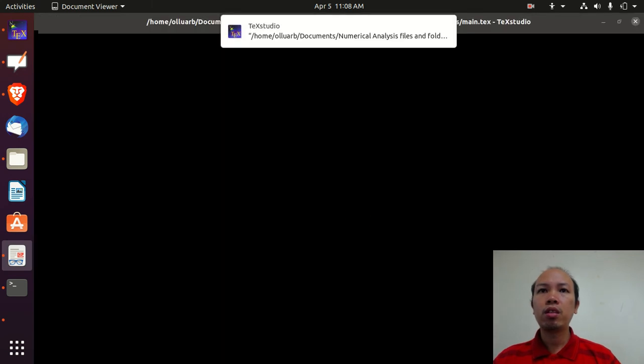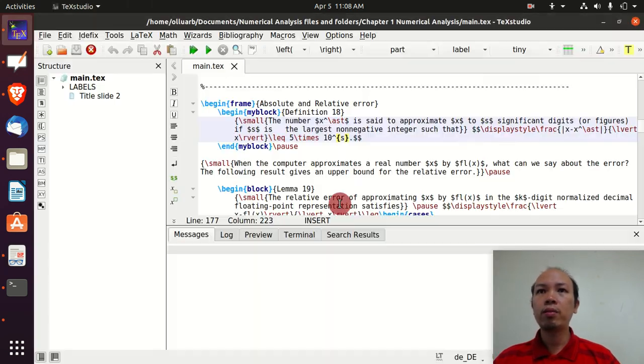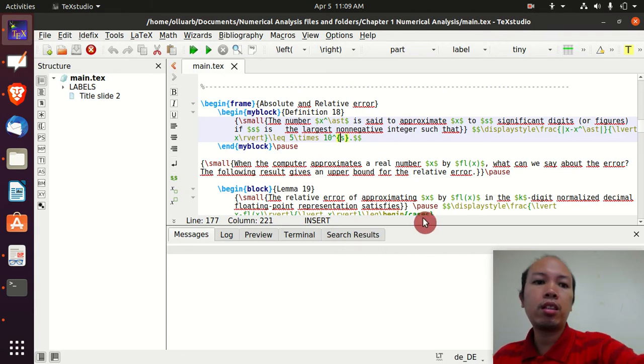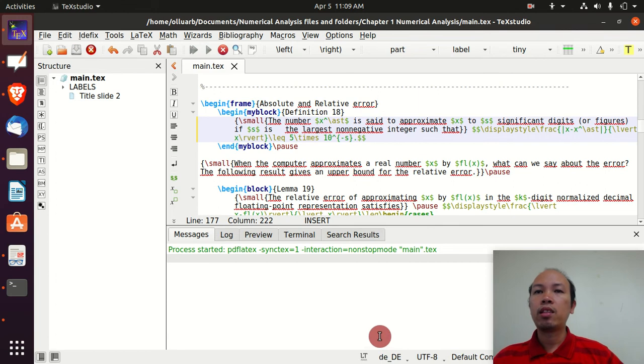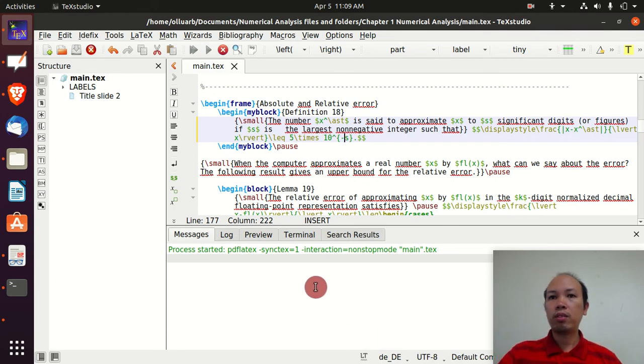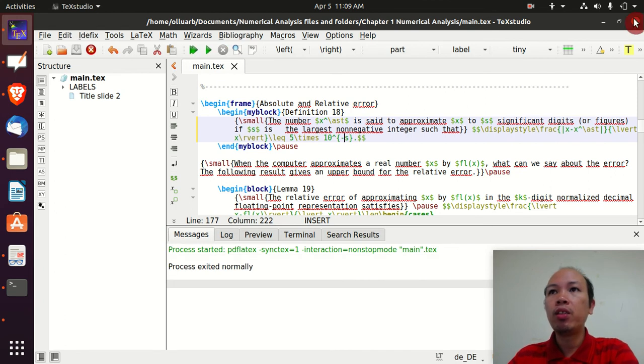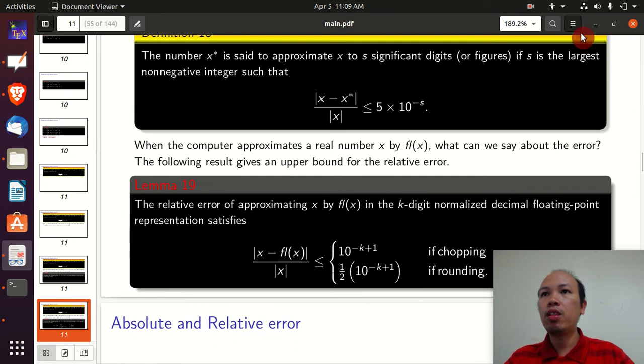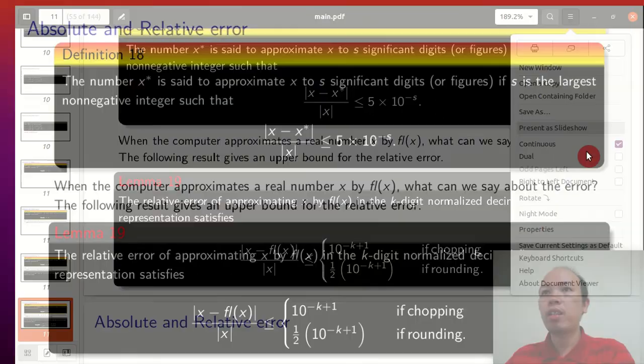Why doesn't it change? That should be negative. Okay, sorry, this is negative s. Sorry, mistake again. Okay, so I think we're finished. So this is the correct definition.